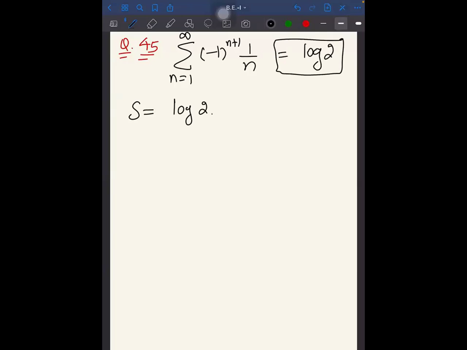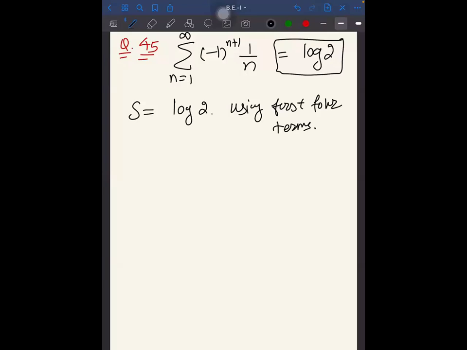So the question is asking: find the error when you approximate the sum using the first 4 terms. Okay, so what could be the error?